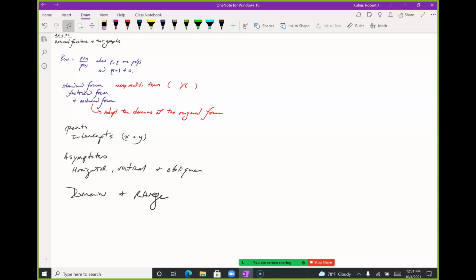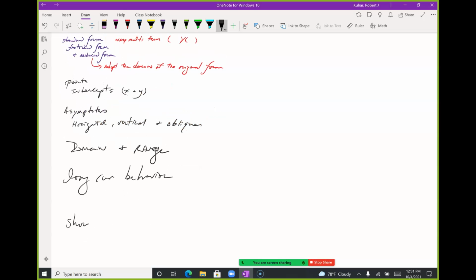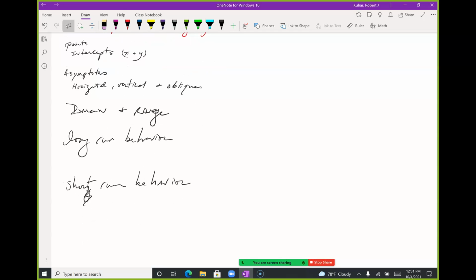We're going to look at long run behavior and short run behavior. The long run behavior is easy, and I'll show you how to do that quickly. The short run behavior is weird, and I use a technique.